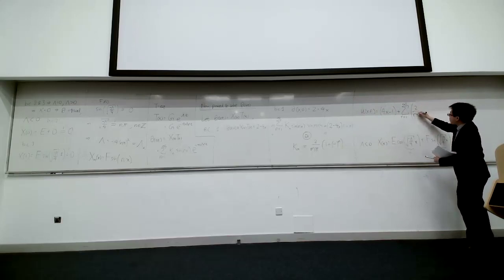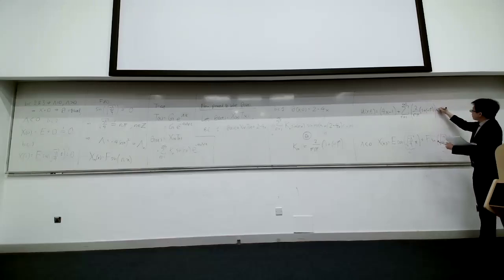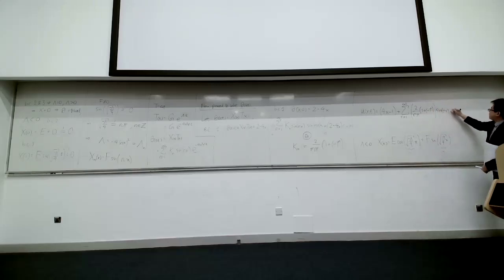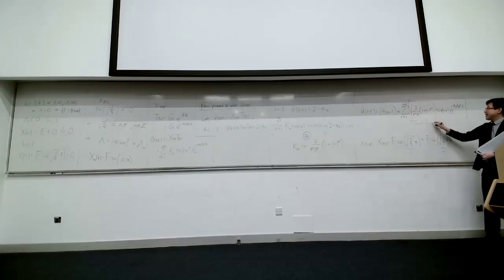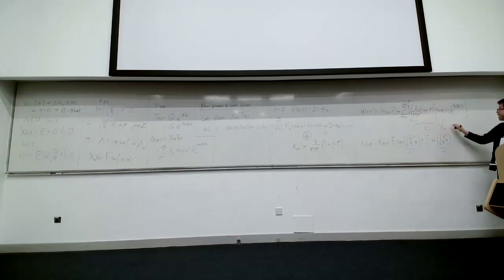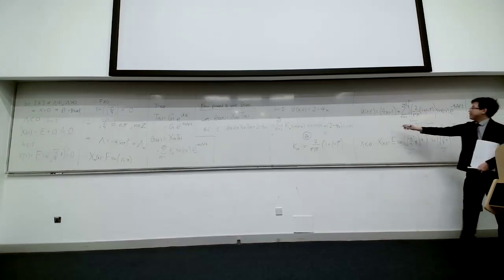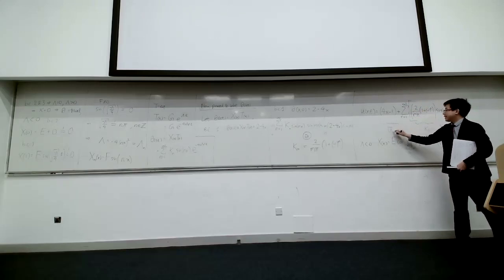It's 2 over n pi, 1 plus minus 1 to the power of n, sine n pi x, e to the minus 4 n squared pi squared t. Someone yesterday said I should put an extra bracket here, but anyway. Okay, so that's your k_n, that's your X_n, that's your T_n eigenfunctions, and that's the u steady state solution.